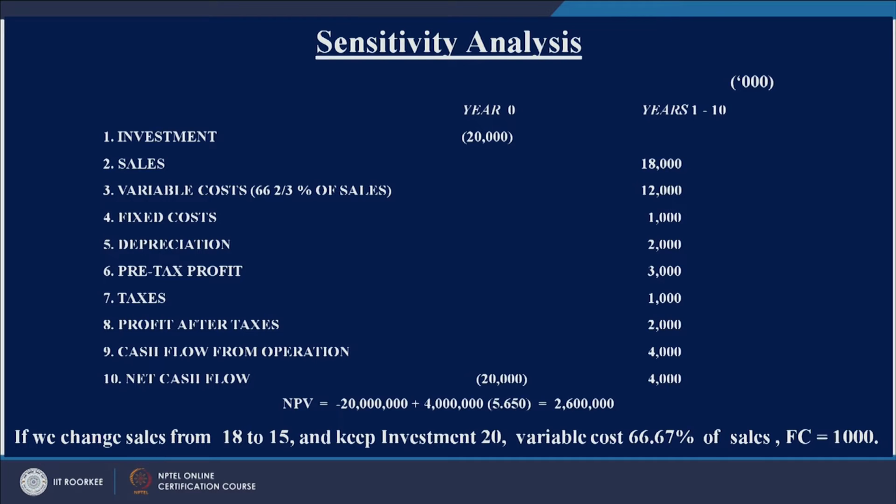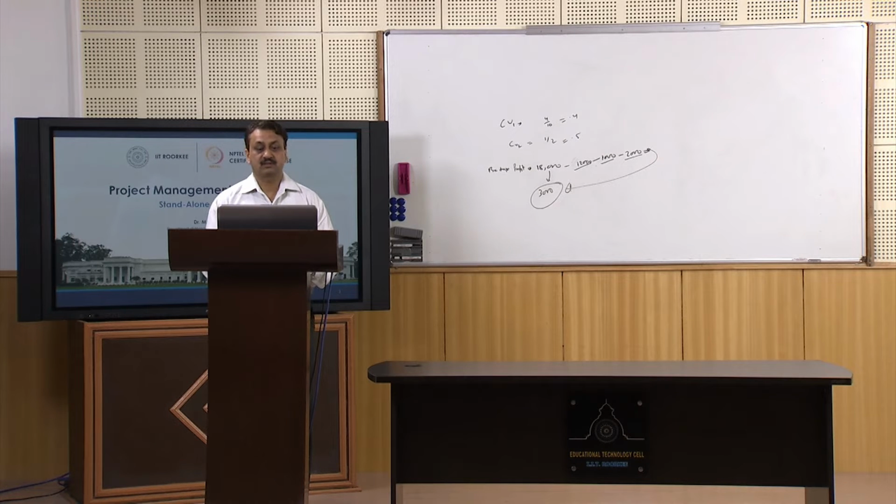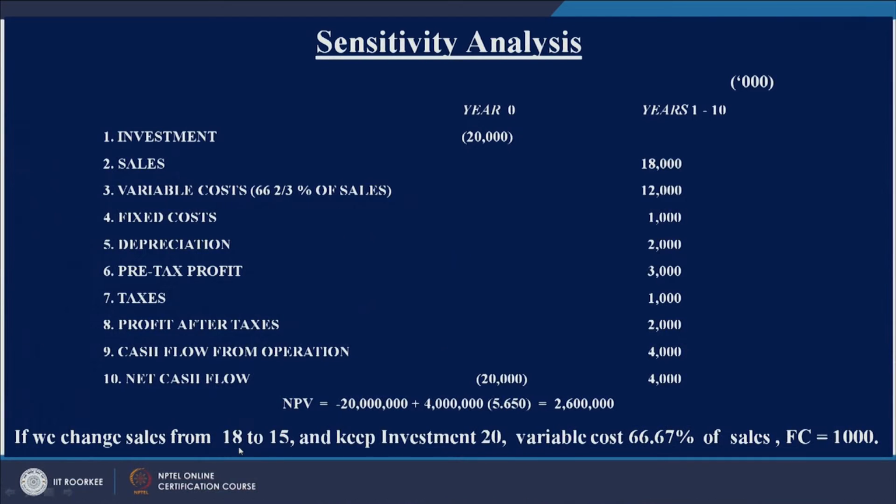Now, in sensitivity analysis, as I said, we change one of the inputs and we see the effect of that change on output, and here output is nothing but NPV, right. So, if we change sales from 18,000 to 15,000, but we keep other important input variables constant, namely investment same 20,000, variable cost 66% of the sales and fixed cost 1,000, right.